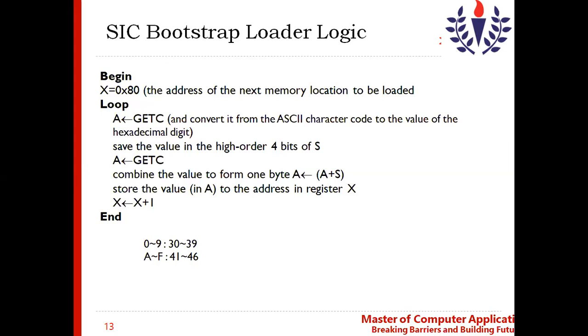We then have the step where the object code will be read and stored in the location mentioned in the X register. For this we use the subroutine called getC.